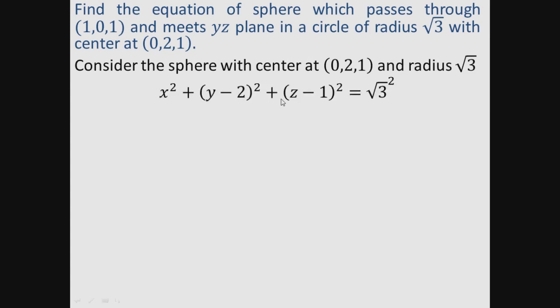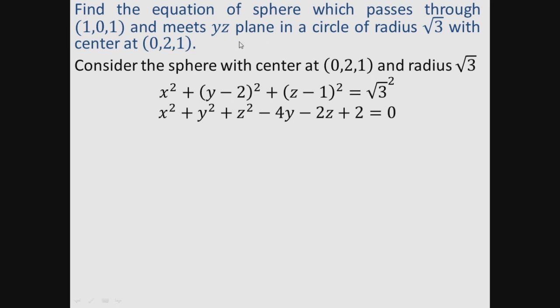Use the center-radius form. It is (x minus 0) square plus (y minus 2) square plus (z minus 1) square equal to root 3 square. Simplify it. It gives us x square plus y square plus z square minus 4y minus 2z plus 2 equal to 0. Now the intersection of this sphere with yz plane is nothing but the given circle, and the equation of yz plane is x equal to 0.